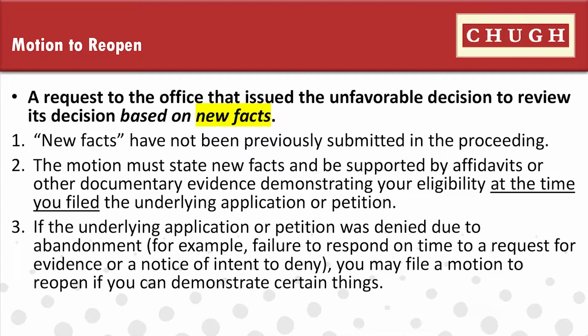However, in reality, this is not very easy to overcome if the USCIS record shows that they already sent the RFE or notice of intent to deny to the address on their record.